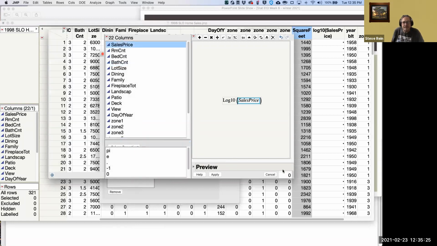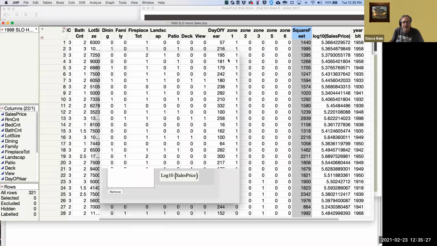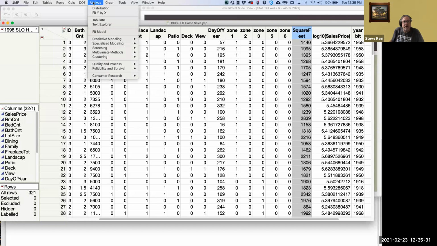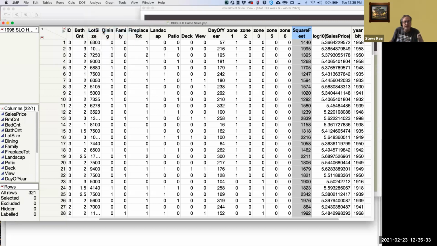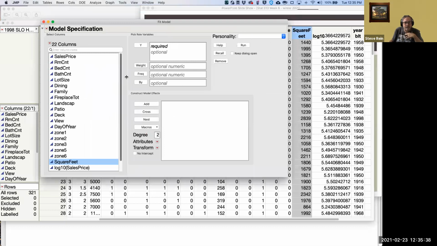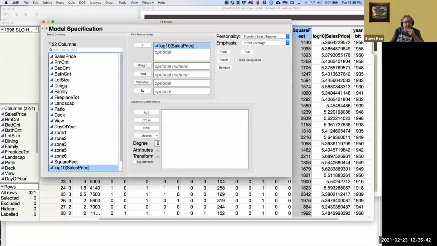Click OK, and OK. So if I were to fit a trend line, I'm going to now do fit model for that. Does the log base 10 of sales price depend on the square footage of the home? I'd like to think so. I'll find out. I run the model.